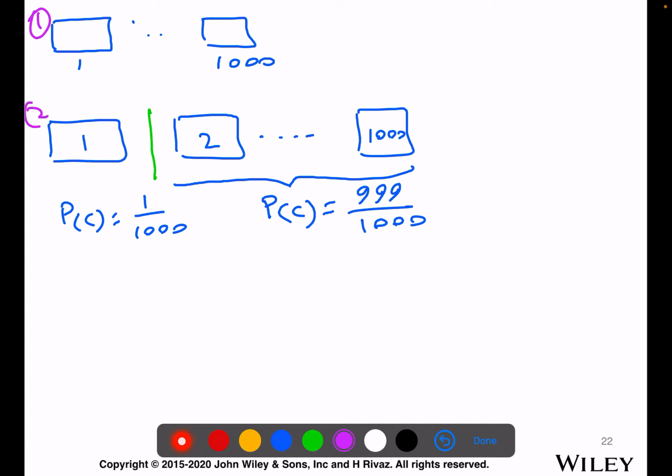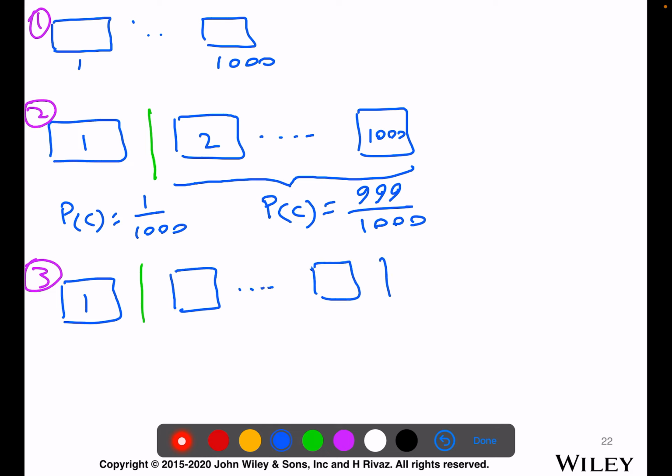This is stage 2. In stage 3, what the host does is that, so this is door 1, which is the door that we picked, and door 2, door 999, and then door 1,000, right?